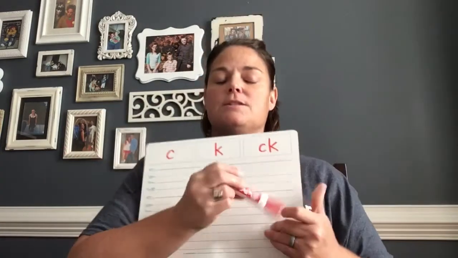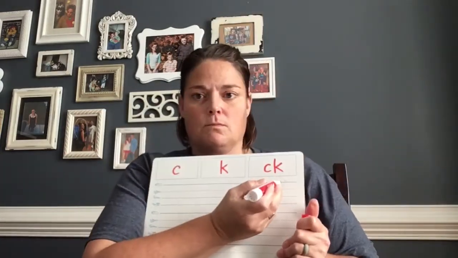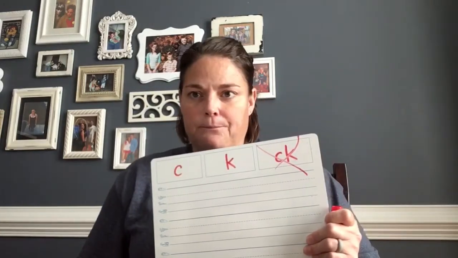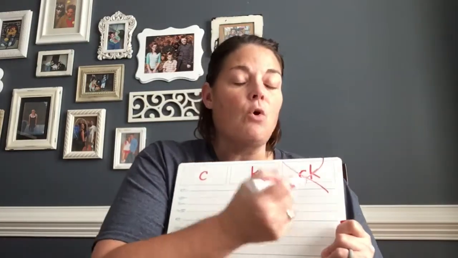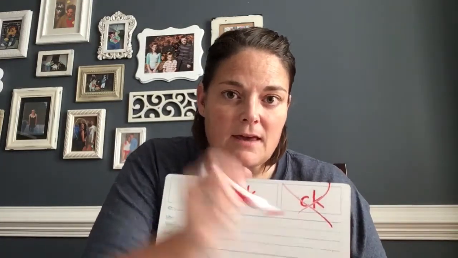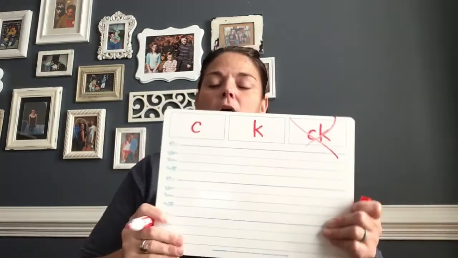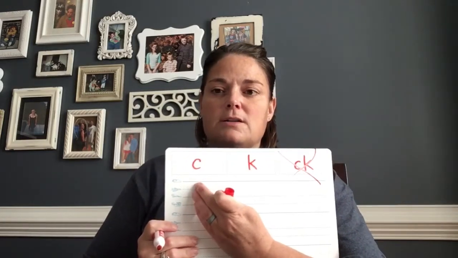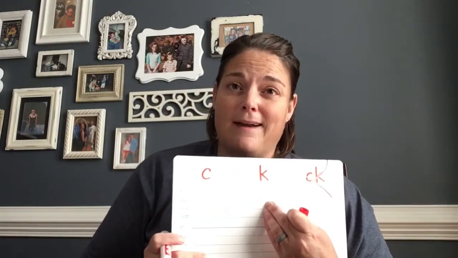If you said this one, you're right. This cannot come at the beginning. This one can only come at the end. You're right. So to spell the word cat, we either need to use k, c, or k, k.